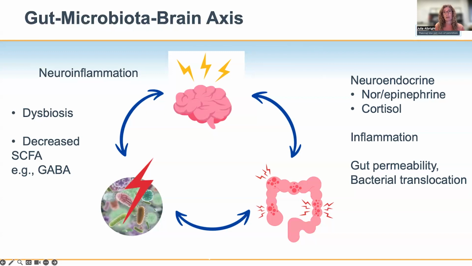So that in turn, when you don't have that regulation of the immune system and inflammation, and in fact, you might have pro-inflammatory cytokines crossing the blood-brain barrier, we can have neuroinflammation, and that can create pathology.